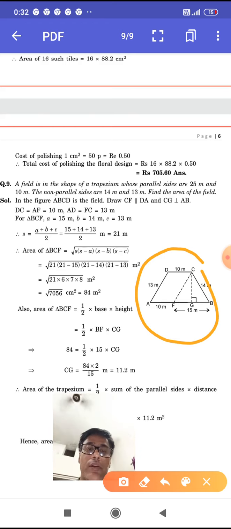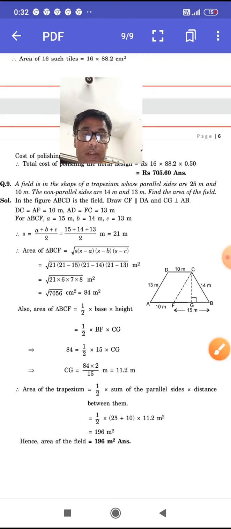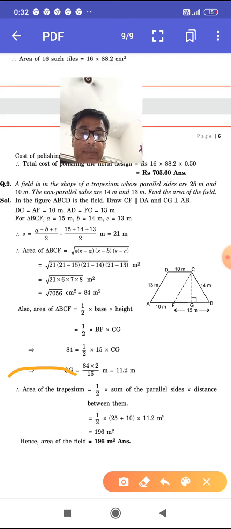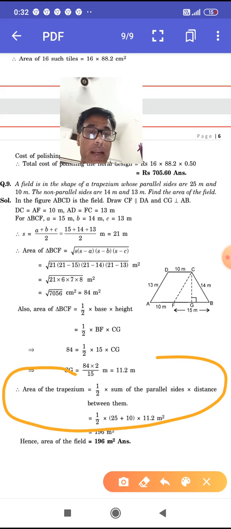Now we know that the area of a trapezium equals 1 by 2 sum of parallel sides into the distance between them.